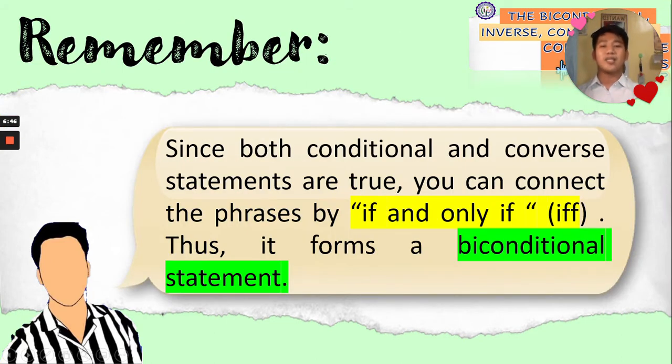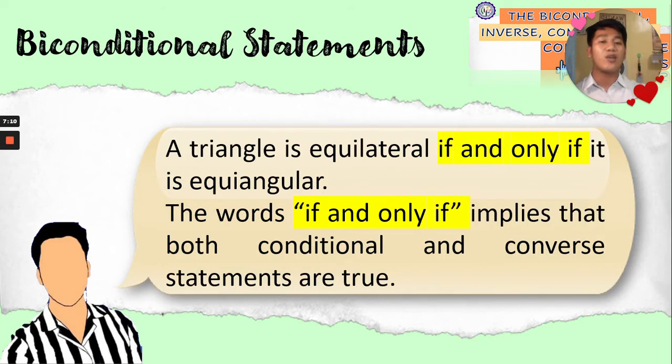Let's proceed with this. Always remember that since both the conditional and converse statements are true, you can connect the phrases by if and only if, or iff. Thus, it forms a biconditional statement. Here it is. What is a biconditional statement? A triangle is equilateral if and only if it is equiangular.